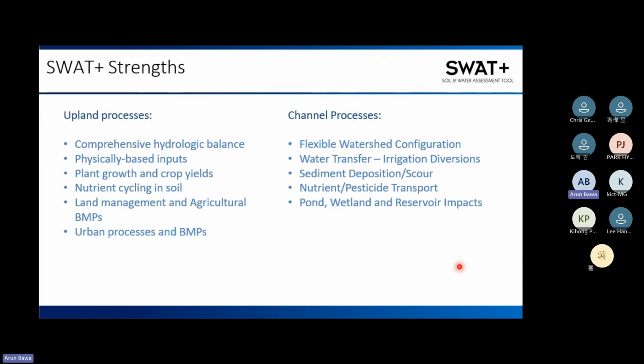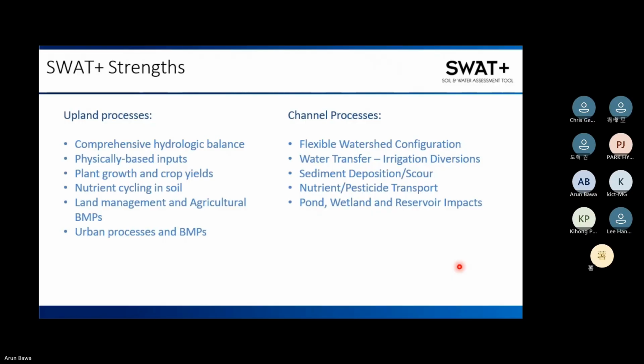If you don't have good quality data, that is a source of error. The second is the parameters in SWAT+ or in the SWAT model. There are a lot of parameters which are based on general conditions, but they are still there from our knowledge of the last more than 3 decades, right? People are using it in more than 100 countries. They still work, but they still need a little tweaking for your local conditions.